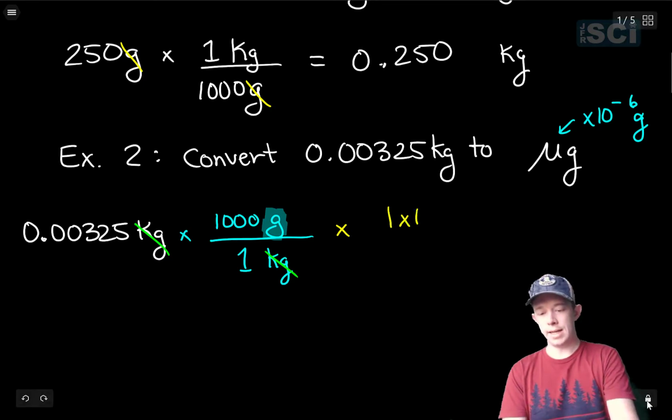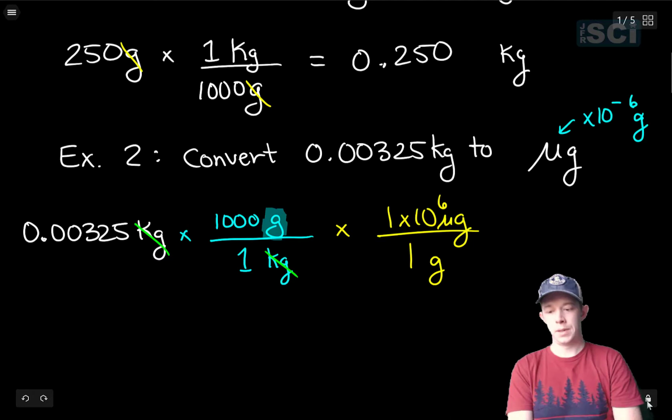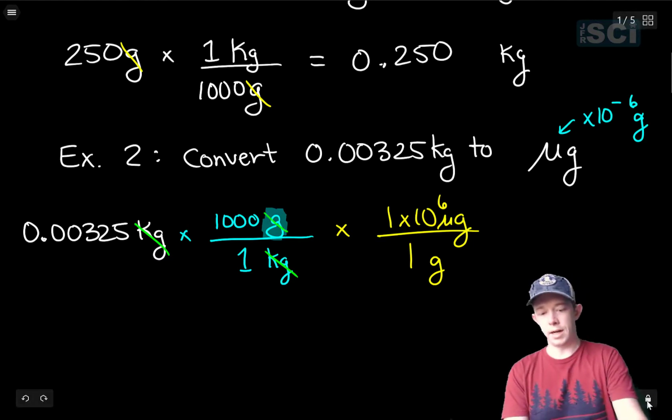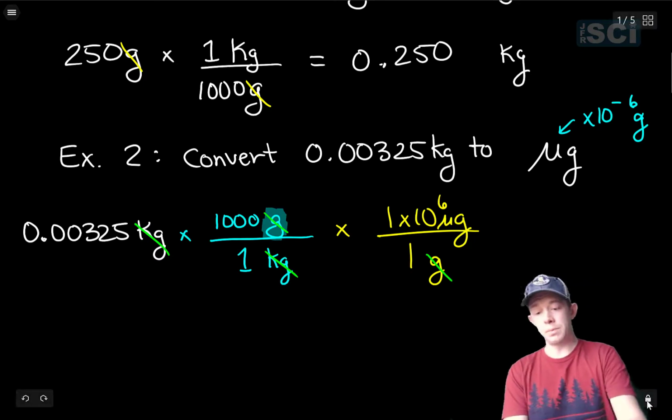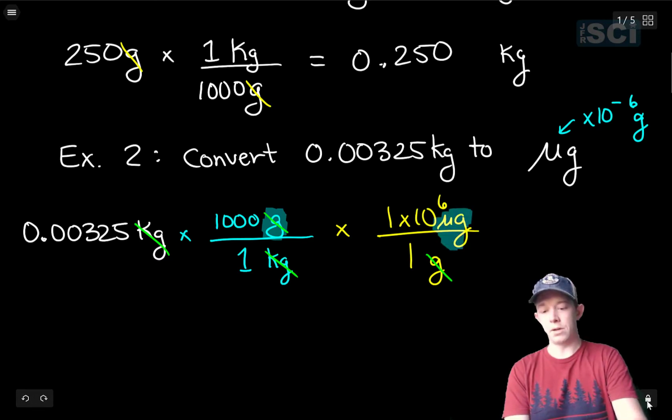We have 1 times 10 to the 6 micrograms in 1 gram. So our units for grams would divide to 1, my kilograms has gone away, my grams has gone away, and I'm left with just micrograms.